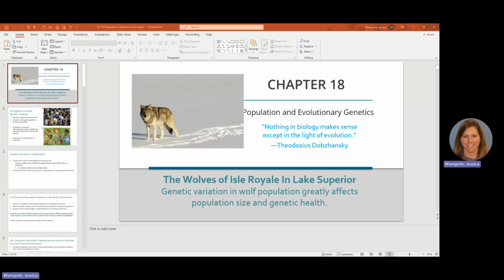All right. So to define evolution, evolution is a change in allele frequencies in a population. So when we say allele frequencies, we are talking about the proportion of alleles in a population for one specific gene.